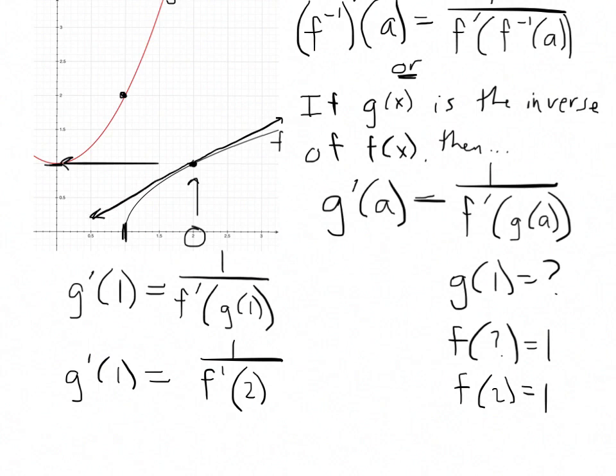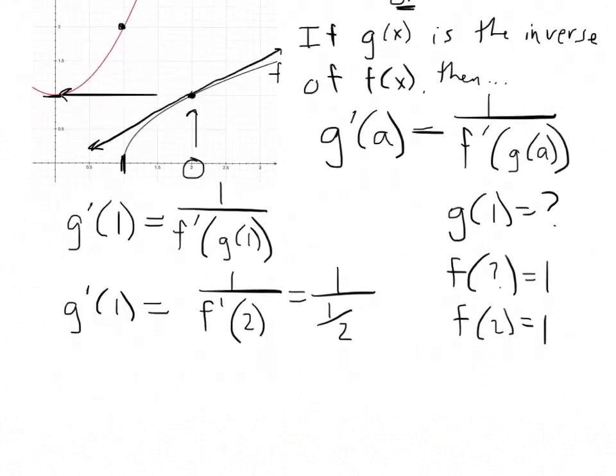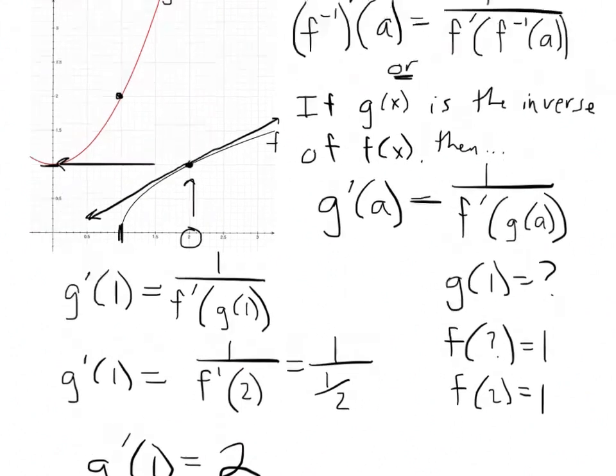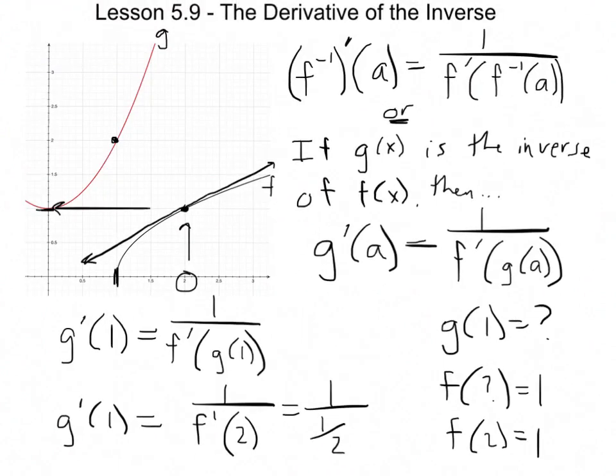Based on how I've drawn it, it looks like up 1 and over 2, so this will be 1 over 1/2. So the slope of the inverse appears to be 2. And if you come back to the picture, you can see that this slope does indeed seem to be about 2. That was a terribly non-straight line, but I think we've got the idea.